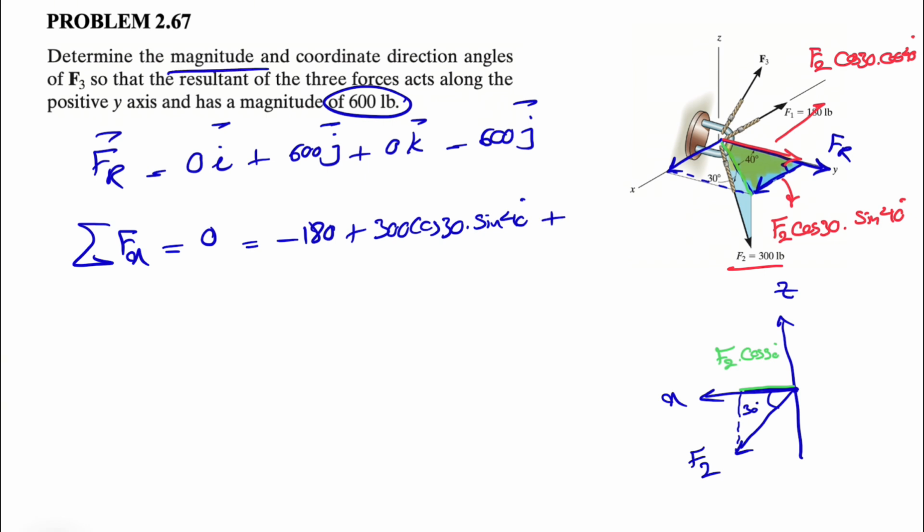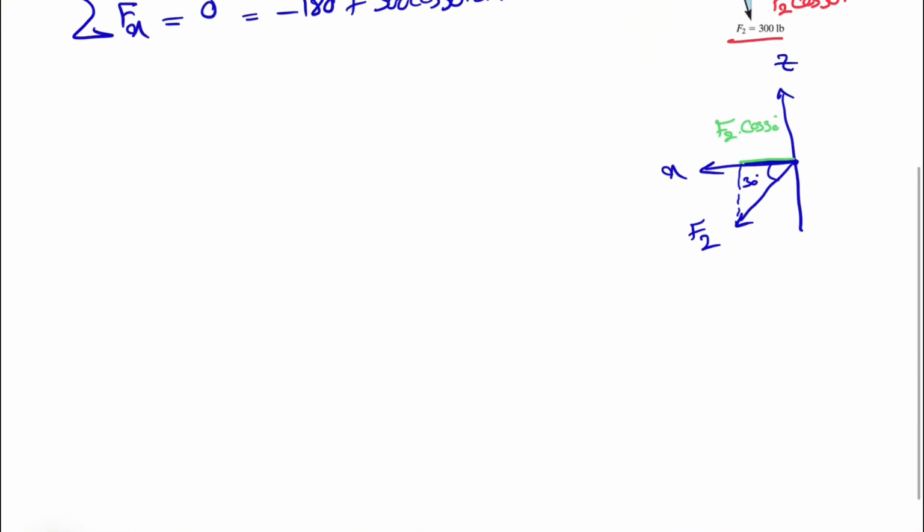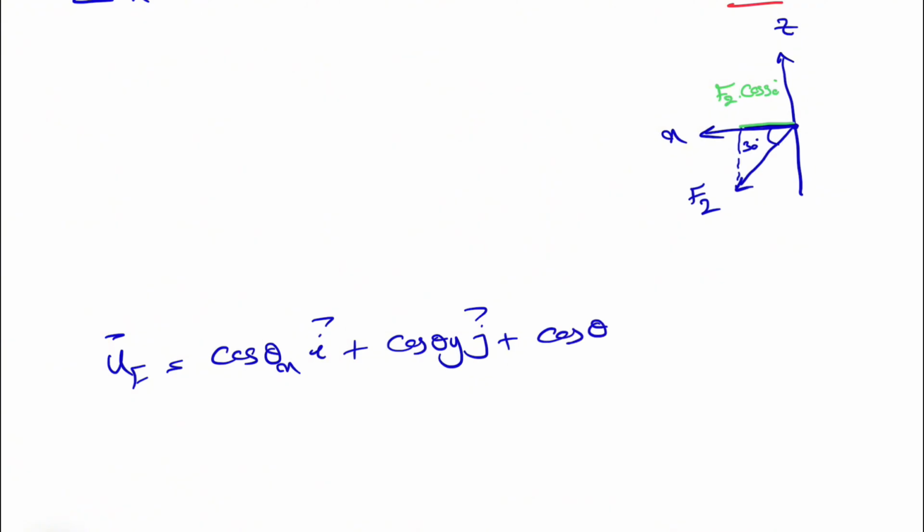If we get back to the question, we see that we are asked to find the magnitude and coordinate direction angles. For that, what we need is the unit vector of F3. We know that the unit vector of F3 is basically cosine of theta x i plus cosine of theta y j plus cosine of theta z k.